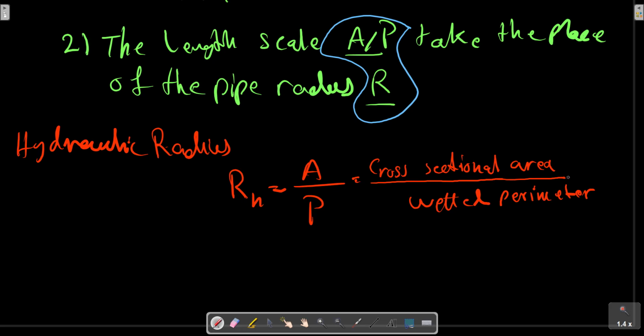If we compare with the previous equations for pipe, we define the friction factor in terms of average shear stress.